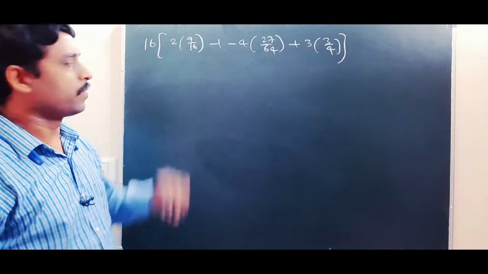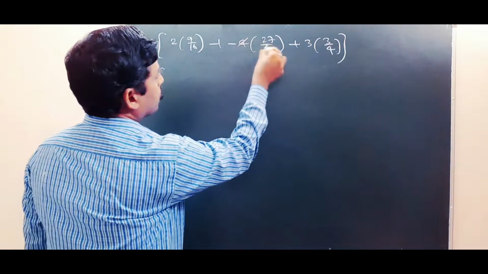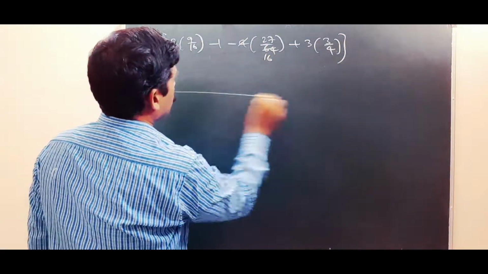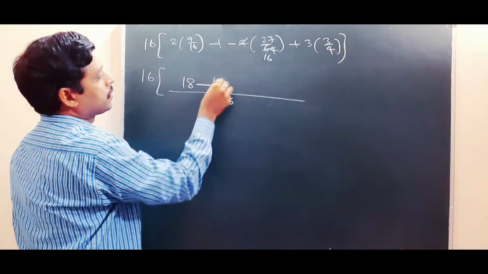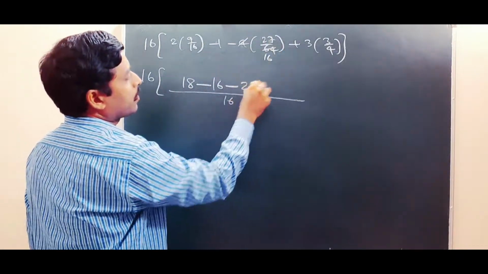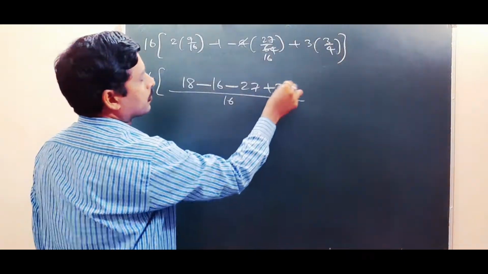Now 16 into, let us do LCM. 4 1 4, 16 they cancel. So LCM 16, 18 minus 16 minus 27. 4 4 j, so 9 4 j 36.